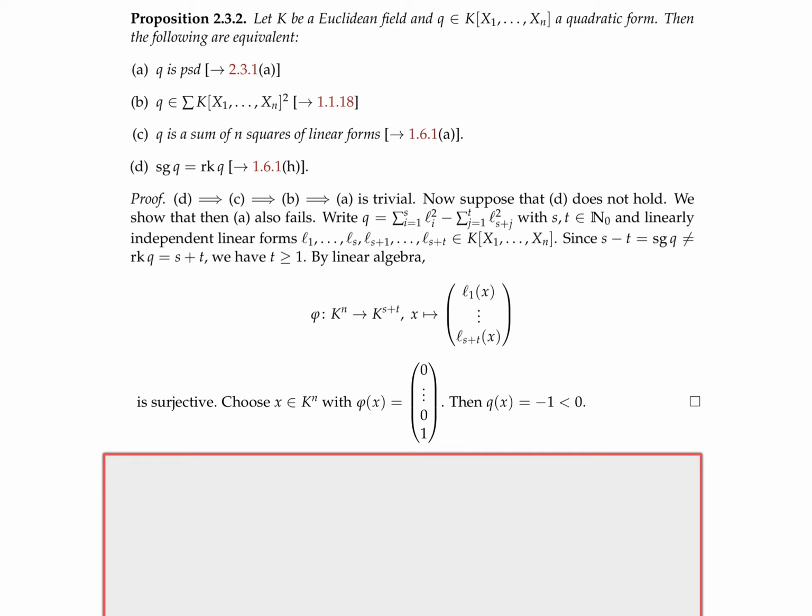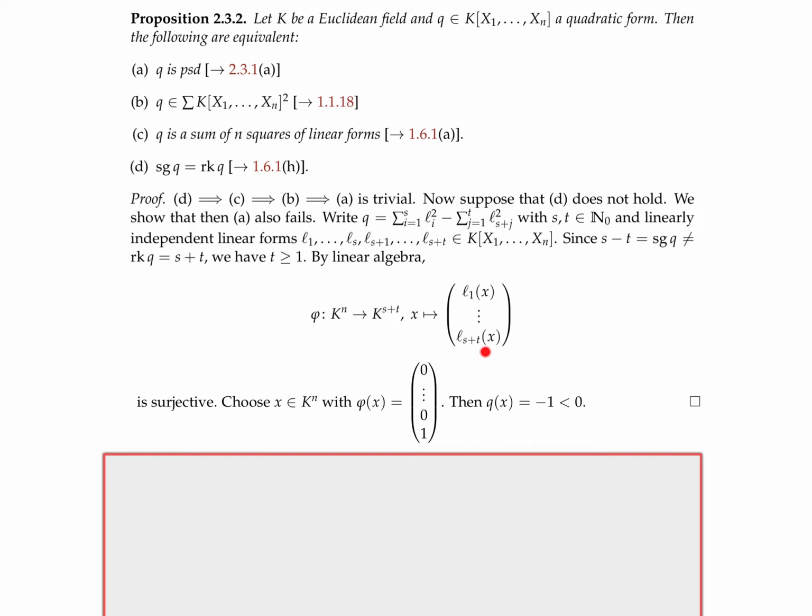You see immediately that the rows of this matrix are linearly independent, because the rows contain the coefficient tuples of these linear forms.